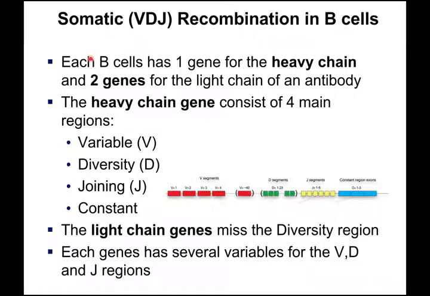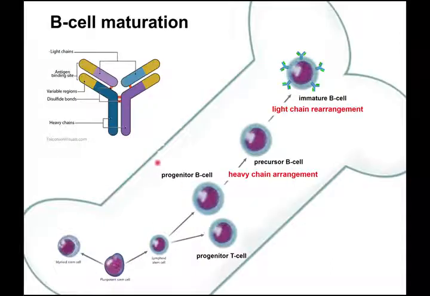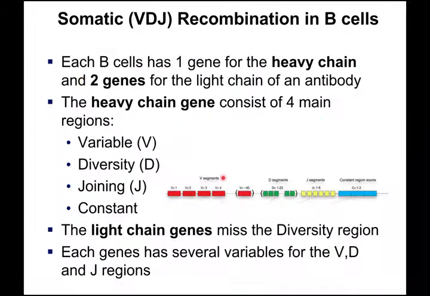How is the variability originated? It is by the fact that in reality, this V area consists of different parts, with one of them that ultimately will stay in the final gene that produced this variable region. So here you have about 40 possible V segments, another 23 possible D segments, another 6 possible J segments.